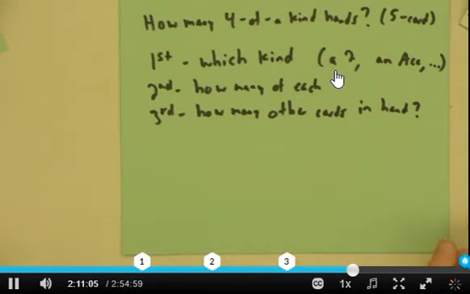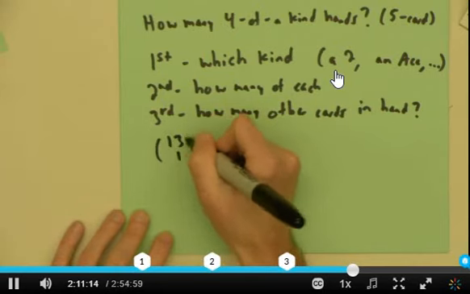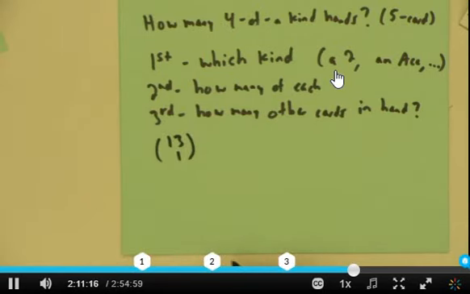There's diamonds, hearts, spades, and clubs. So there's 13 kinds. I'm going to pick one of those to be the kind that I have 4 of. Right? Maybe it's jacks. Okay? There's 13 possibilities. Jacks is just one of them.